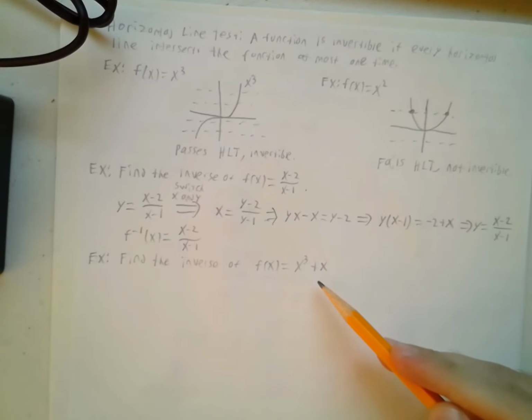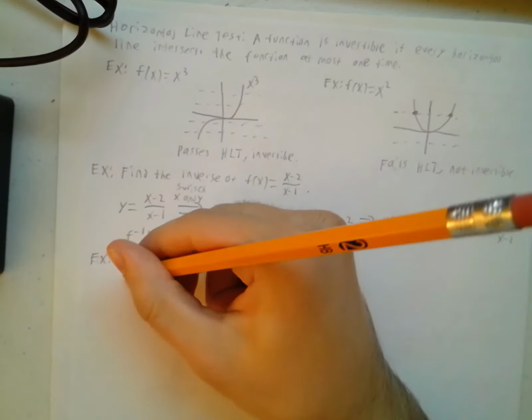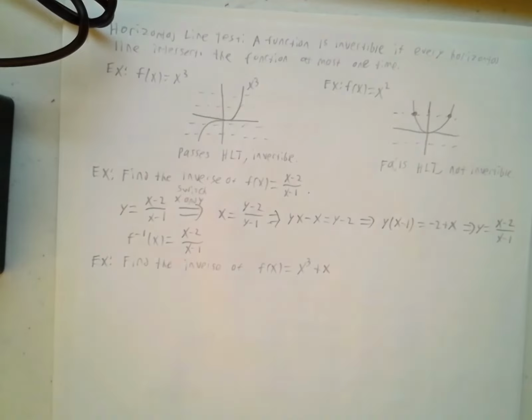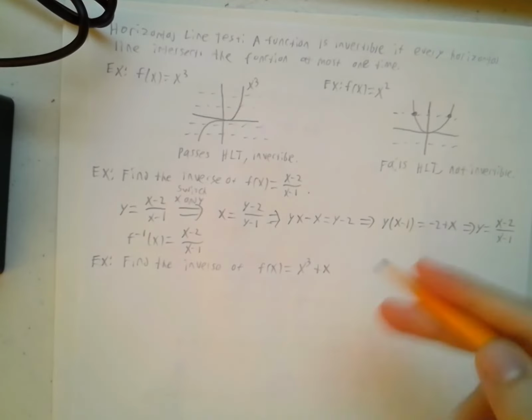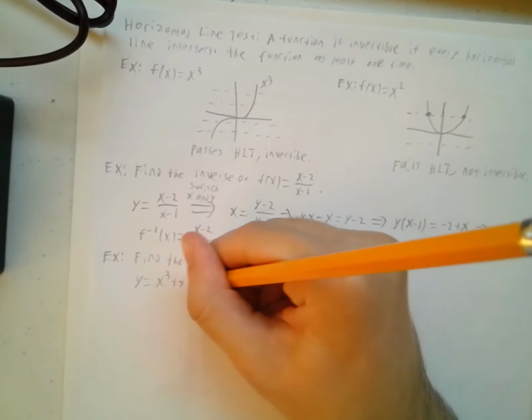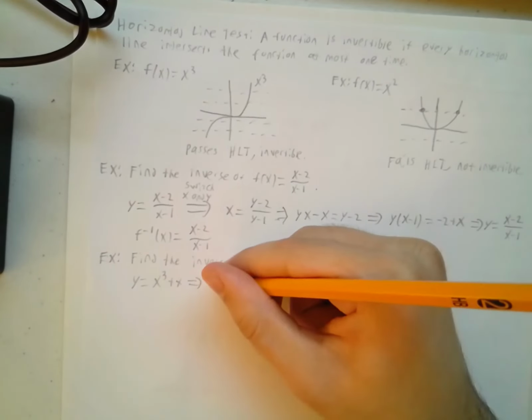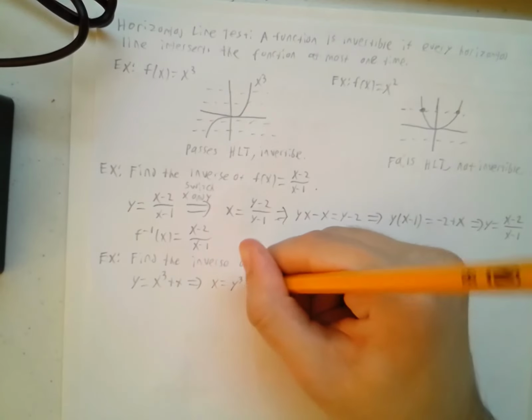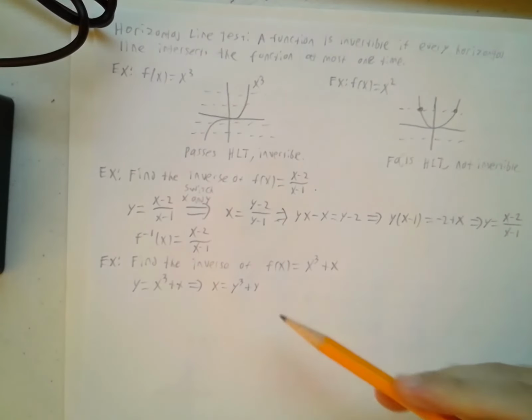We'll see roughly what the graph of it looks like in a minute. But if we try to use this trick, so we'd write y equals x cubed plus x, and we'd switch the roles of x and y to get x equals y cubed plus y, then trying to solve this equation for y is very difficult.